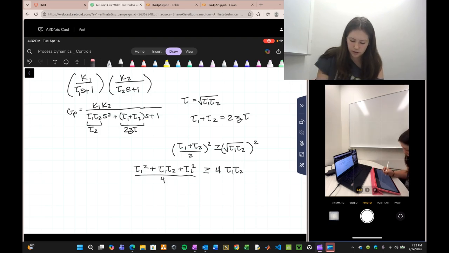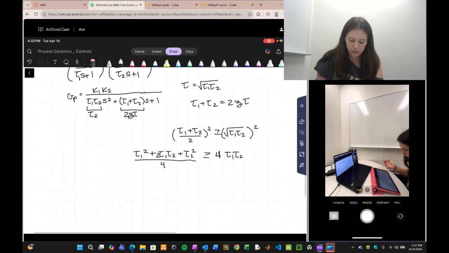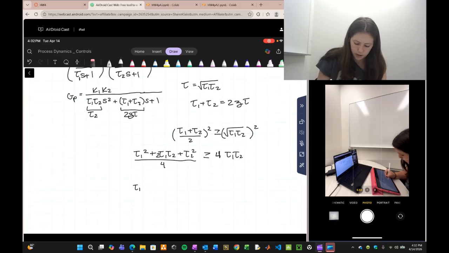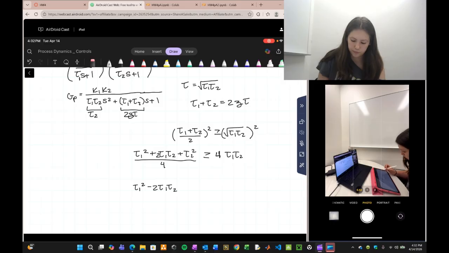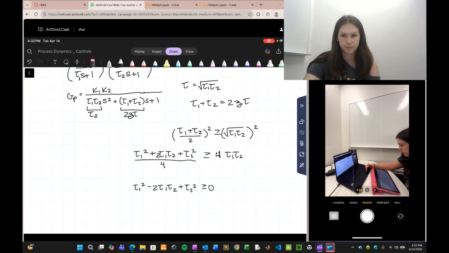Sorry, there is a 2 here as well. But if we rearrange this more, you can get tau 1 squared minus 2 tau 1 tau 2 plus tau 2 squared has to be greater than or equal to 0.